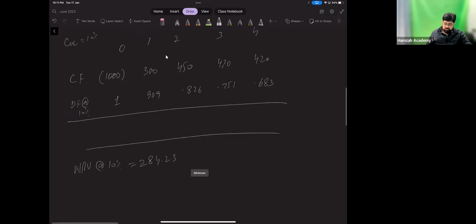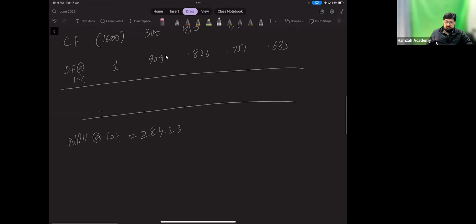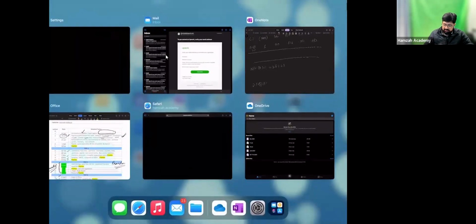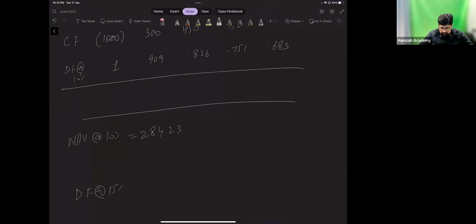So now, NPV at another discount factor, let us use 12% or 15%. Discount factor we can get from the notes which I have given to you people.